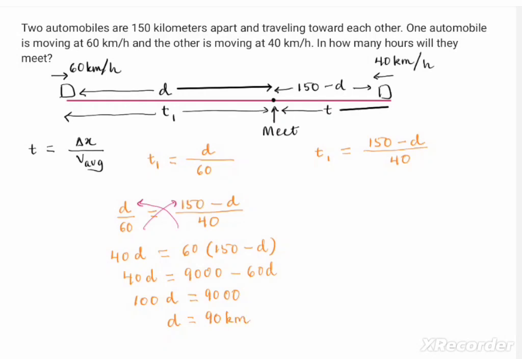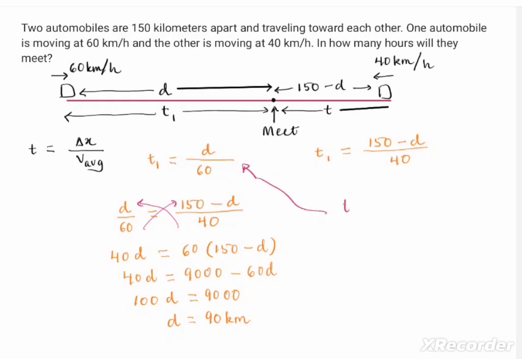So now we know the distance d, which is the distance that the 60 kilometers per hour vehicle travels before they meet. Now we can plug this d value into either one of the equations. So let's just plug it into this equation right here.